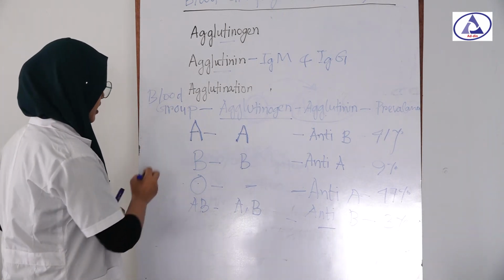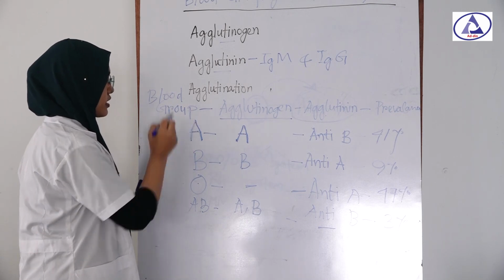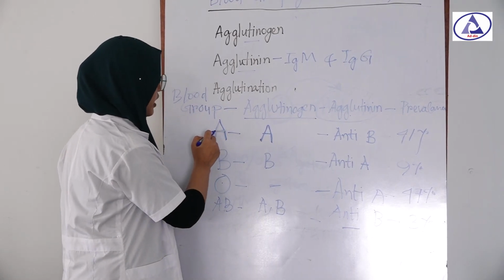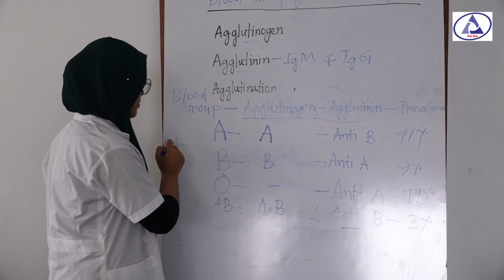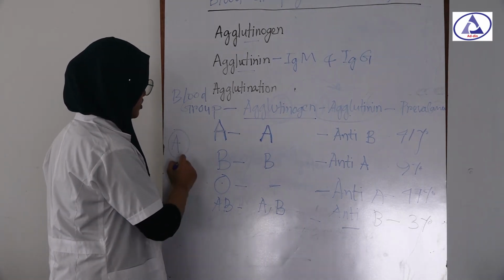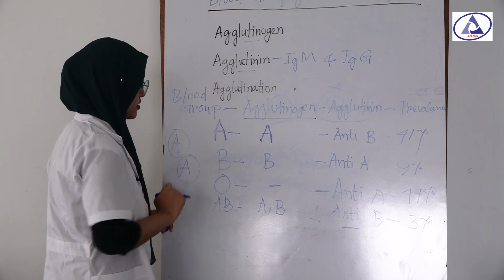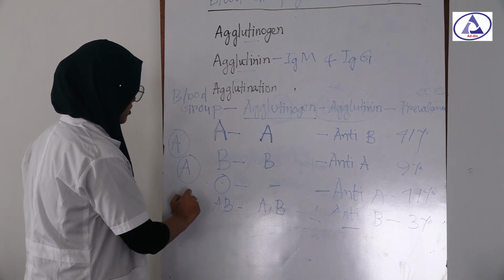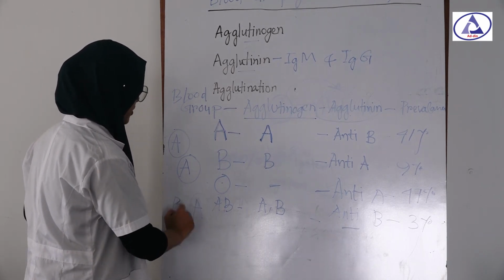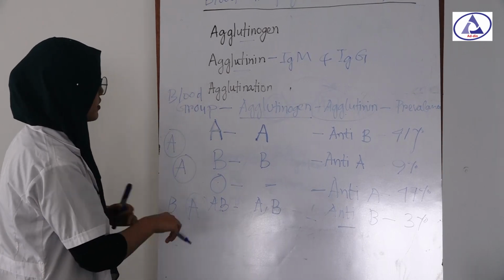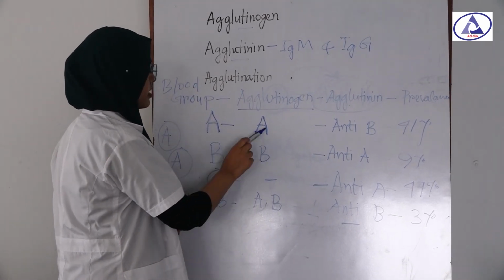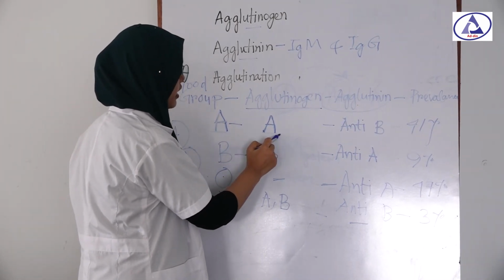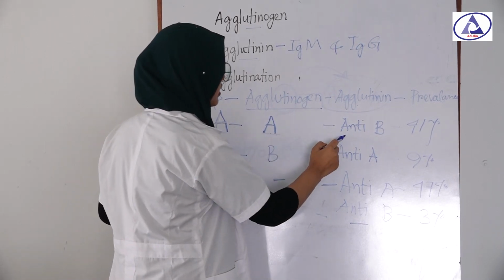Now let me tell you one thing. What will you do during transfusion? If I want to transfuse blood, I will give A group blood to an A blood group person. Why? What will happen if I give B blood group to an A blood group person? Here, give attention. In blood group A, on the surface of RBC there is agglutinogen A and in the plasma agglutinin anti-B.